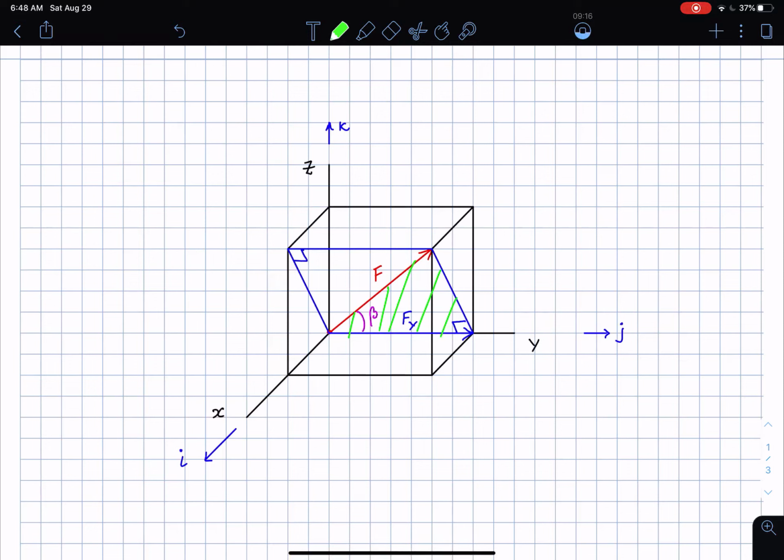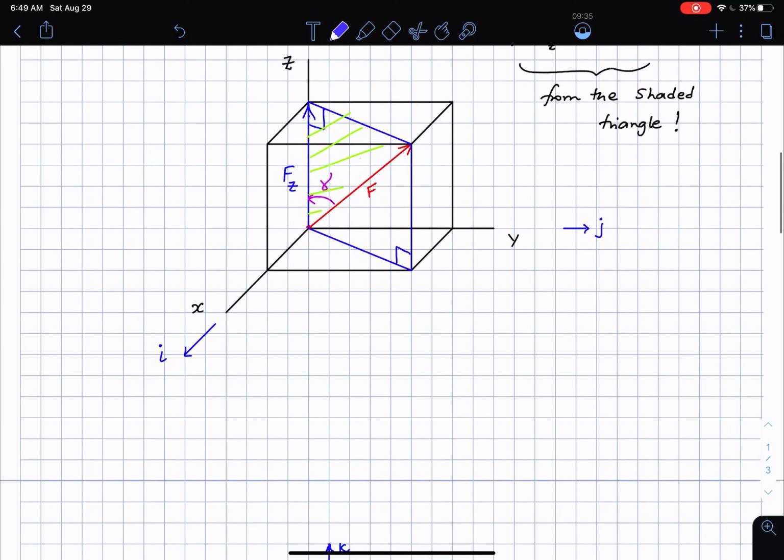With your permission, I can probably take this and write it underneath here. So this is going to be Fy, which means that F and Fy and the angle beta are of a right angle triangle, where F is the hypotenuse and Fy is one of the sides. So I can write that here as well.